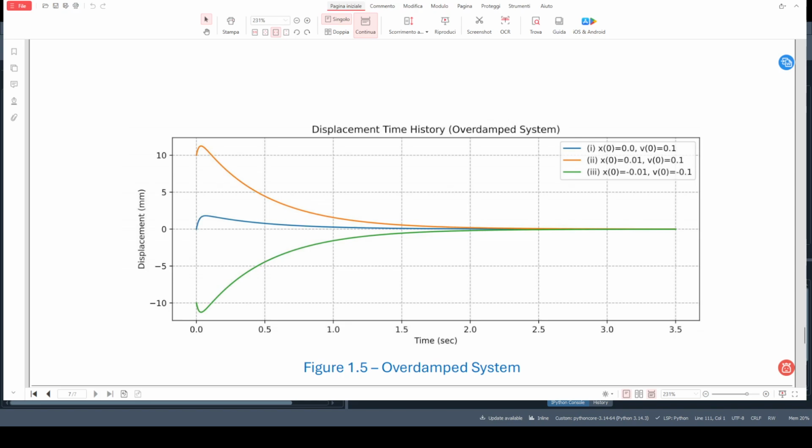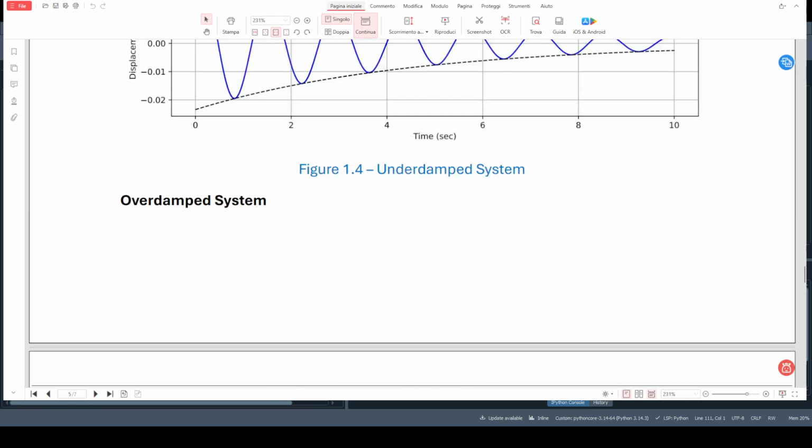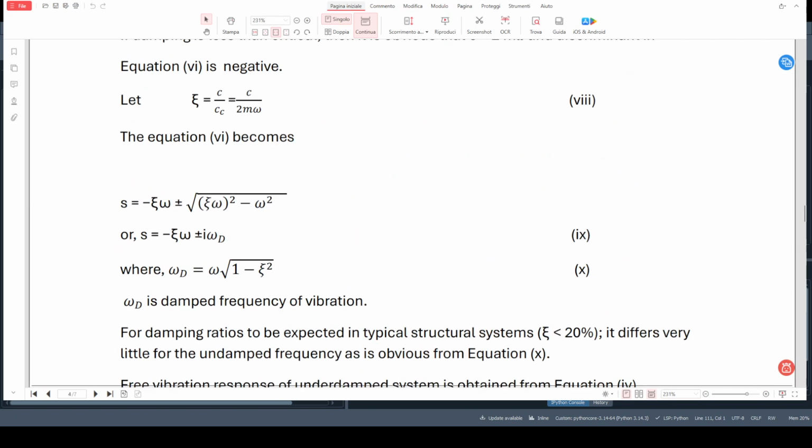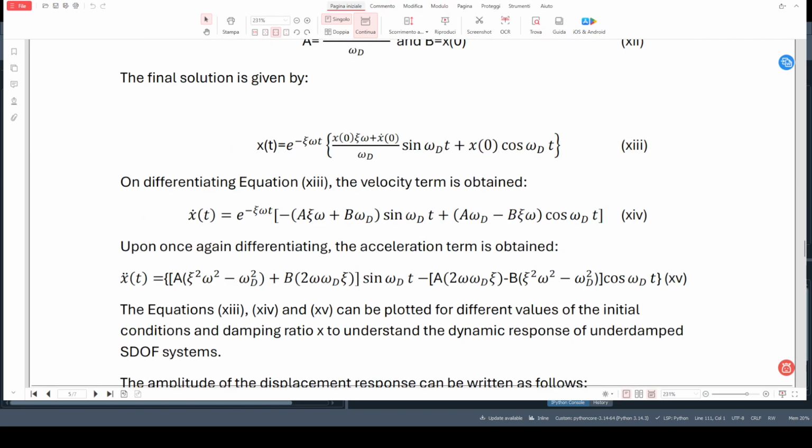The curve does not touch the axis corresponding to the point 0 of the displacement, similar to the graph of the critical damped system, where the critical damped system converges to 0 faster than this solution.